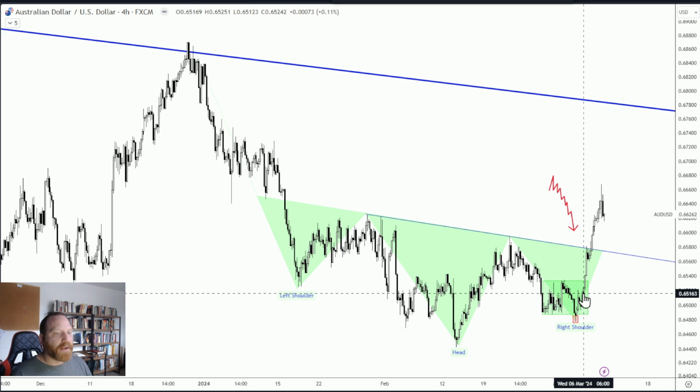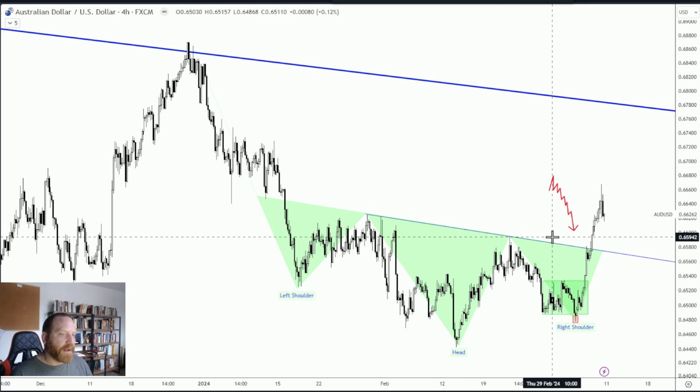Now I'm showing you this with the benefit of hindsight, but it's just to show you that by using a lot of time frames and a lot of concepts, you can figure out what's happening.